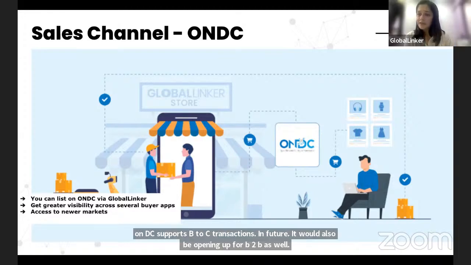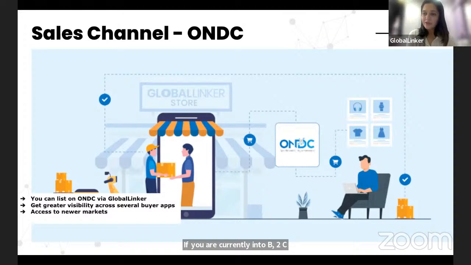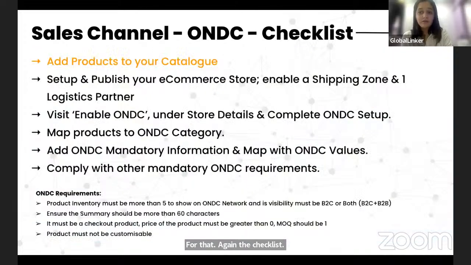If you are currently into B2C and you would like to list yourself onto the ONDC network in India, you can plug your catalog onto the ONDC channel as well. The benefit of being on ONDC is you are getting access to a market which you would normally not be able to reach. Even if you have your own e-commerce store, every channel has its own benefits.